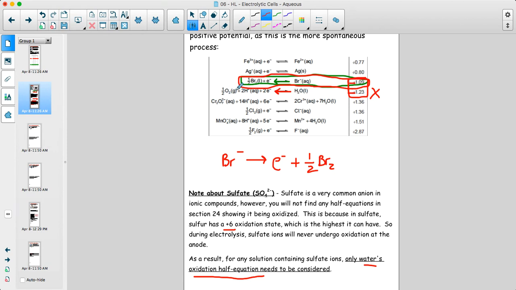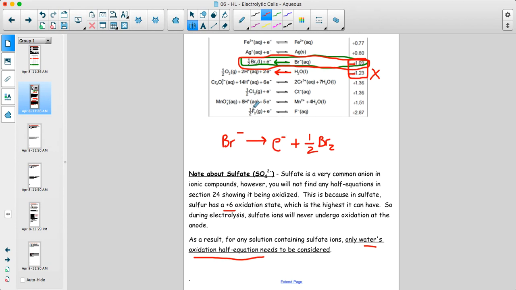And so the products would be oxygen gas and hydrogen ions. So it's just kind of a weird little exception about sulfate. When sulfate is the negative ion, it does not ever undergo oxidation at the anode. And so instead, the one to consider is the one for water. So you'd be making oxygen and hydrogen ions.